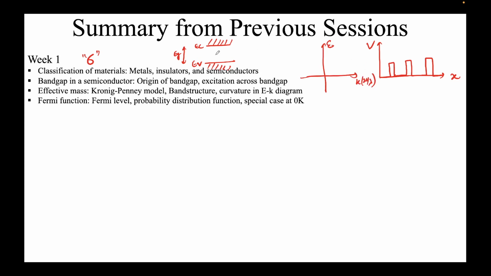The same energy levels which we saw here, this is energy versus x, linear space, this is reciprocal space. We can also express these as EC and EV, these curvatures, respectively. And this becomes now our band gap.